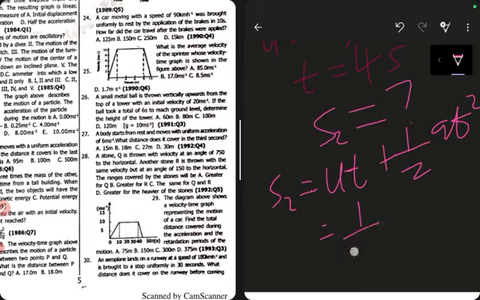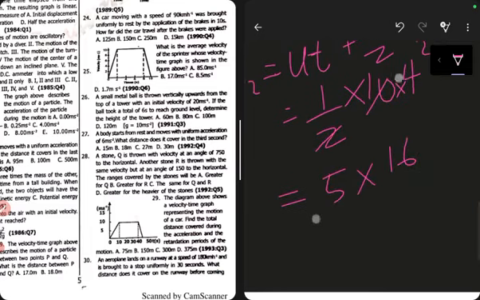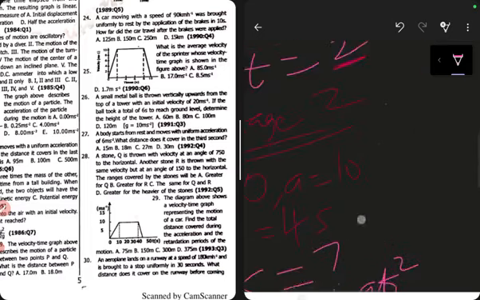Now I have half times a. Since it is falling down, acceleration is positive and the time is 4 squared. So it's going to be half times 10, which is 5, times 4 squared, which is 16. And 5 times 16 will give me 90 meters. So the distance in the second stage is 90 meters.